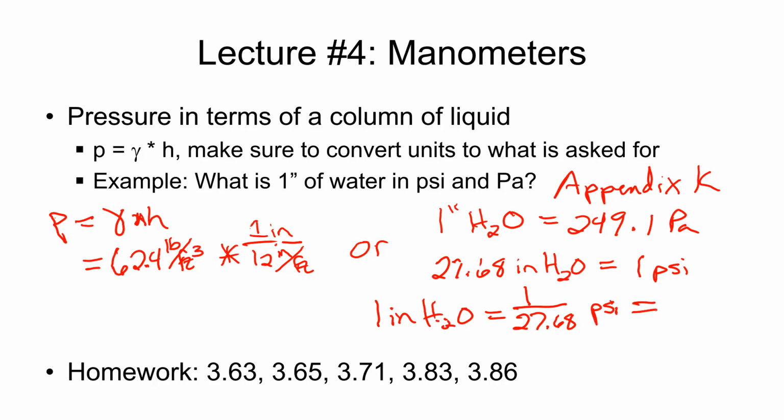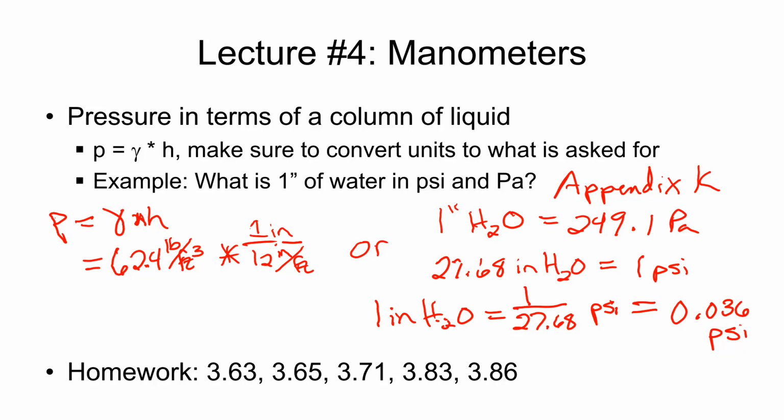Or if I do the math, I'll find that it's 0.036 psi. So a very small amount of pressure is what 1 inch of water is equal to. When we're talking about air movement in ductworks, it doesn't take a lot of pressure to move that air through the ductwork and to supply it out to spaces.